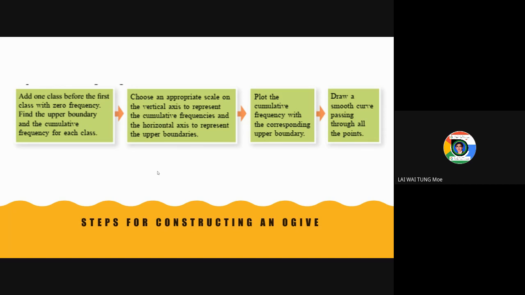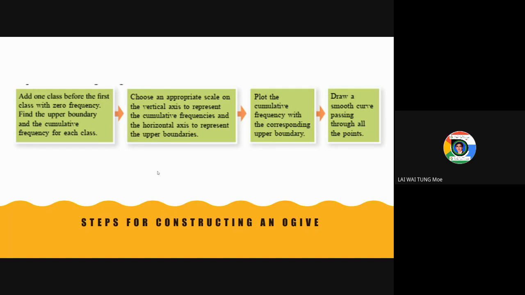So for the first step, to construct an OGIVE, you need to add one class before the first class with 0 frequency. Okay, and then after you add one class, the next step is to find the upper boundary for each class. Okay, I repeat, find the upper boundary for each class and also the cumulative frequency, which we already learned in the first class.